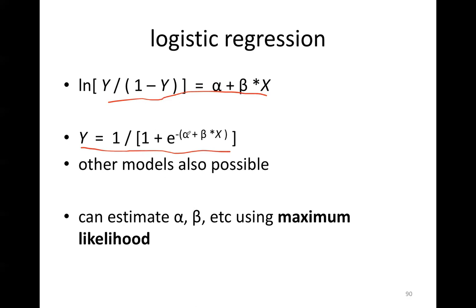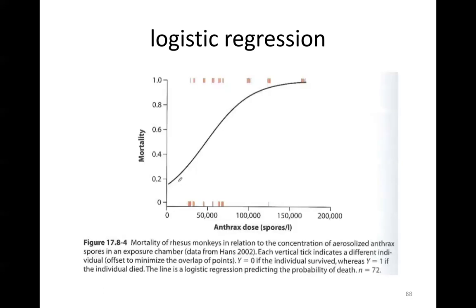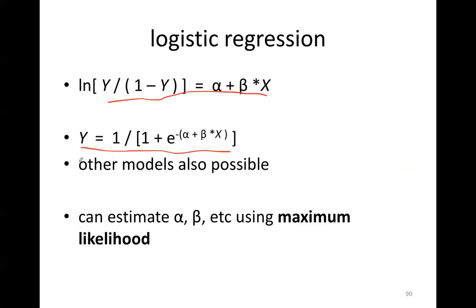People have also been using other types of models. You could also have different models here, of course, but this is a very common approach. And then, of course, comes the problem of how to best find the function to describe the relationship between x and y, or this transformed y, and that is done using maximum likelihood, which we will learn next week.